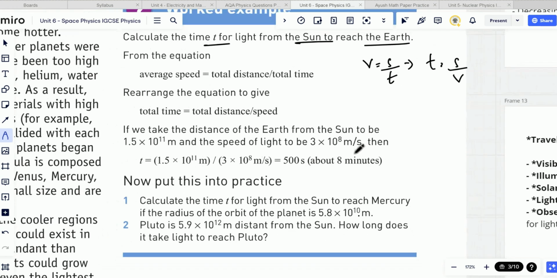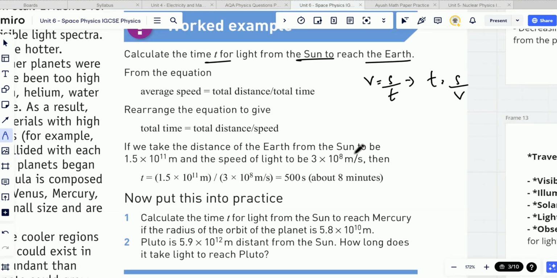These are all constant values. The distance from the earth to the sun is this, and the speed of light is always 3 × 10^8 meters per second. Remember, you need to remember these values. They will come in handy.